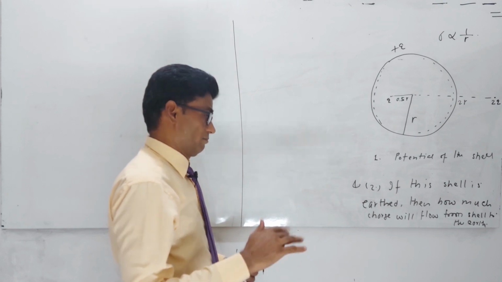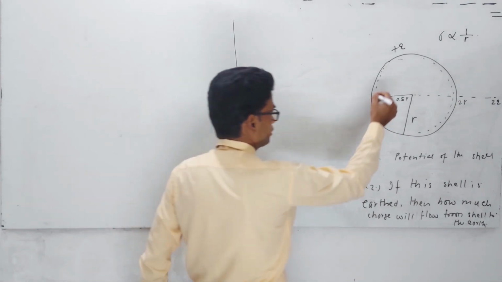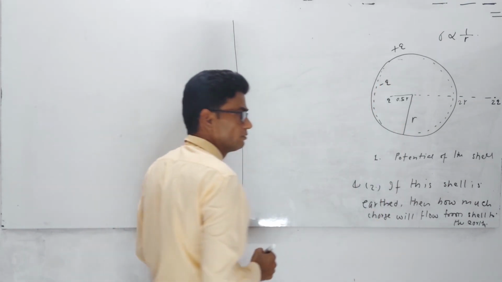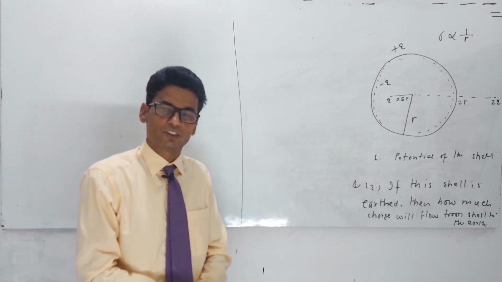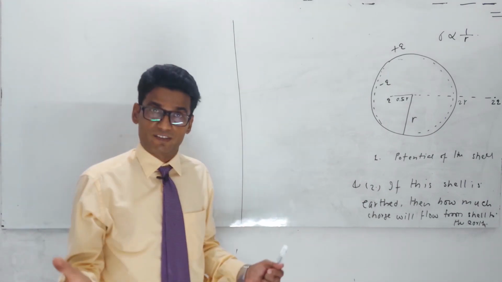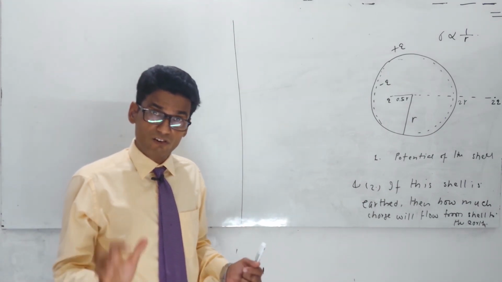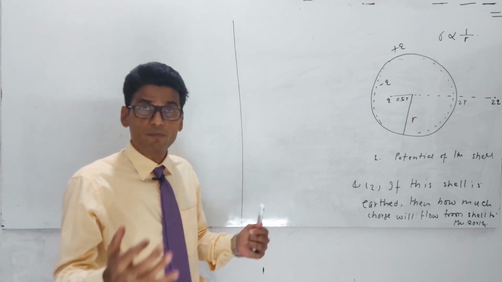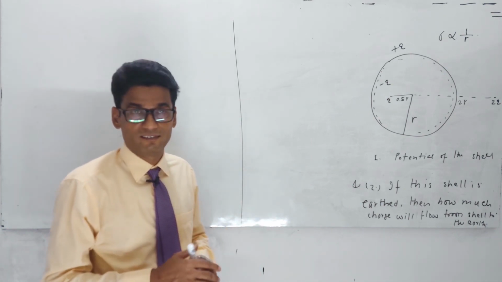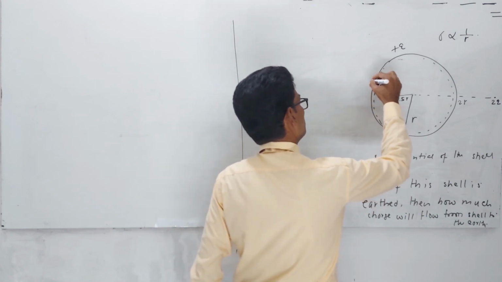And plus q charge will be induced on the outer surface. Now this charge will distribute uniformly. It's the plus q.